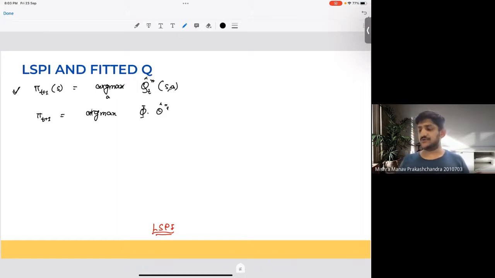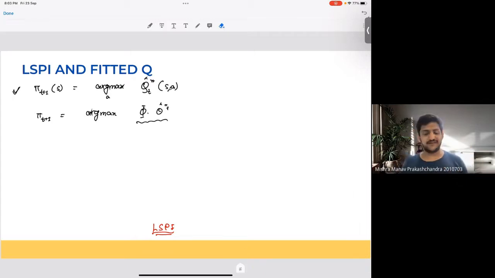Okay. So this Q hat of pi can be represented as phi dot theta hat pi t, right? This represents the linear parameters estimation that I got. Once I have this, earlier we were doing argmax over A because the action space that we had was discrete.